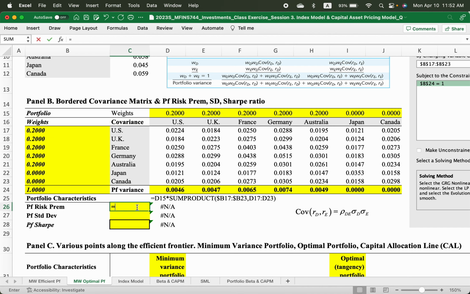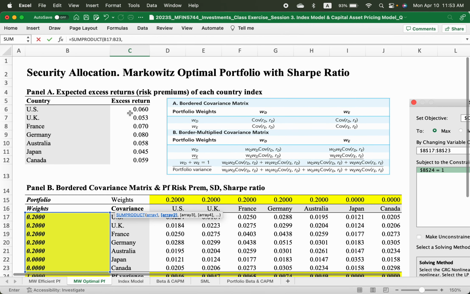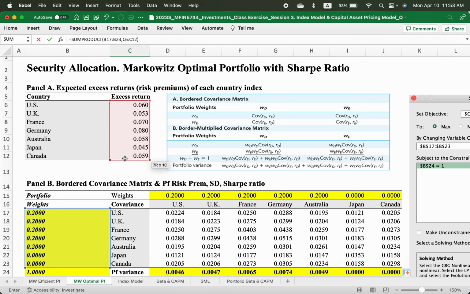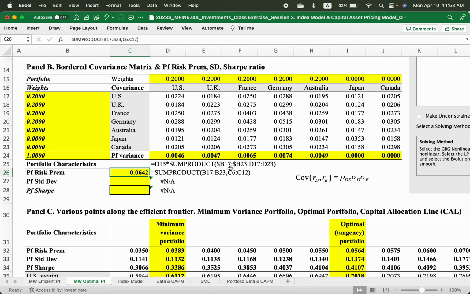How to calculate the risk premium? Right, same process. Sum product of this weight, comma, and then what do we want to find? Okay, here you go. The excess return, which is the risk premium. So we got this, the excess return or portfolio risk premium. The portfolio standard deviation, how to calculate it? Once we got this, let me just sum all of this.